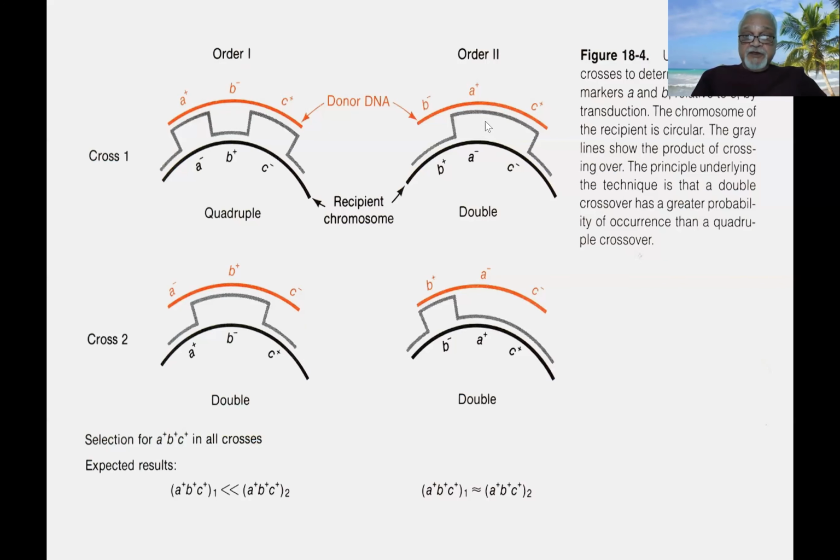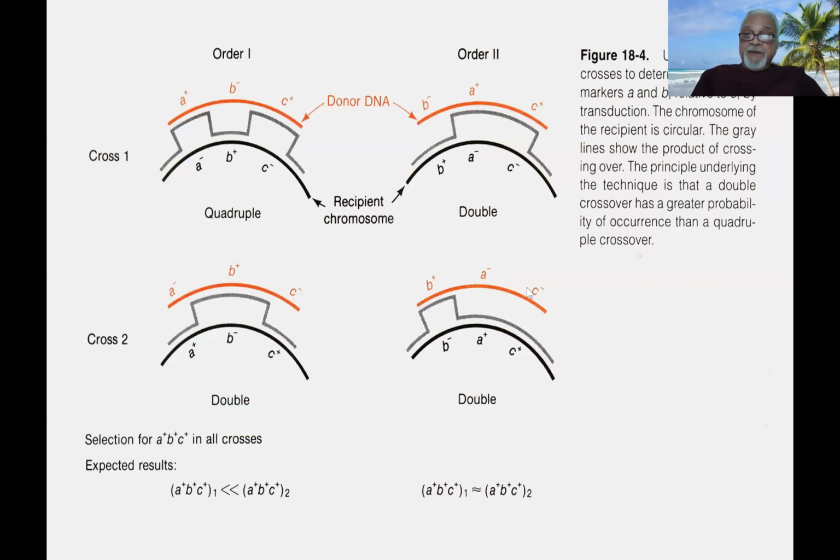But in cross 1 and cross 2, in this order, both of them require double crossover. So in this cross and in this cross, the number of transductants will be the same, because the A plus B plus C plus transductants are the product of double crossover here and double crossover here. So you won't find any significant difference in the number of transductants in this cross and in this cross if the order is BAC.